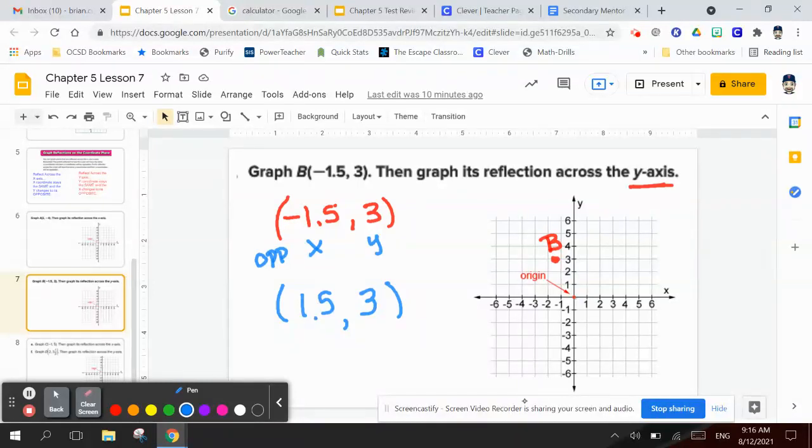So I start here. I go 1.5 to the right and up 3. And that's B1. Notice how they're on the same line because we're talking about y. They have to be across the y-axis from each other.